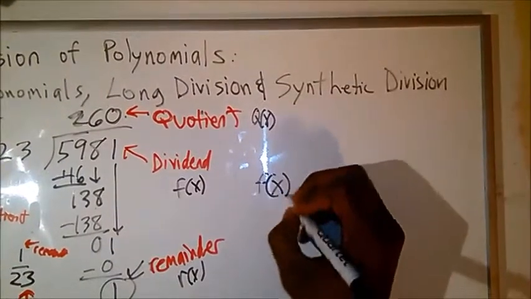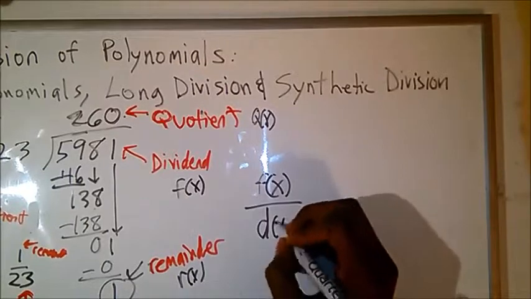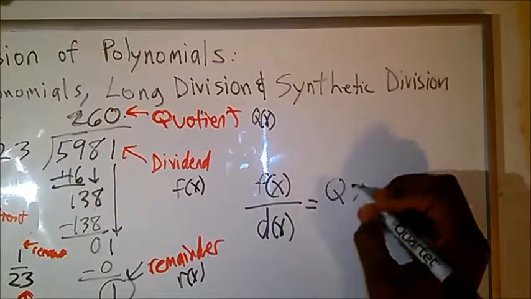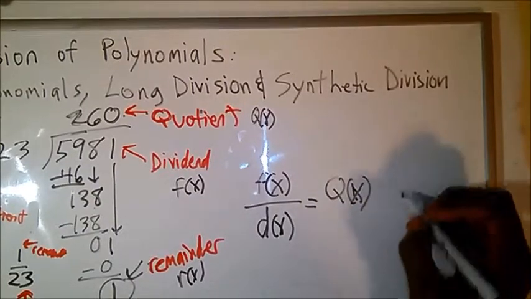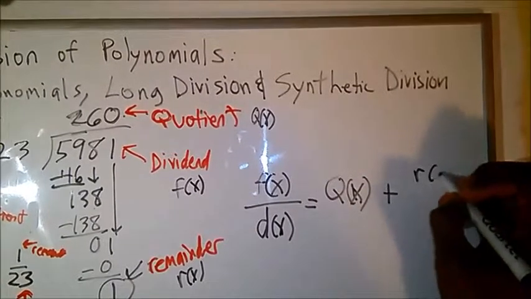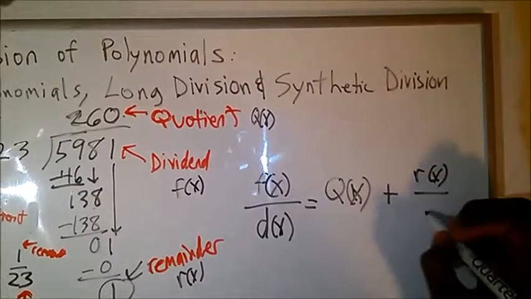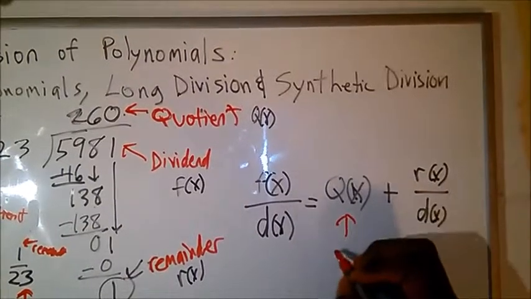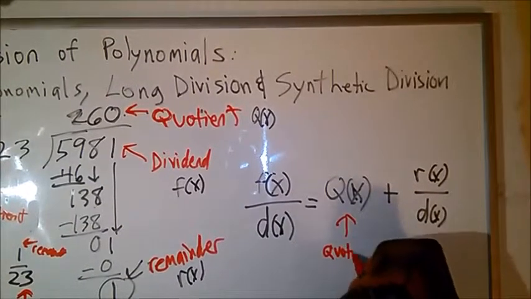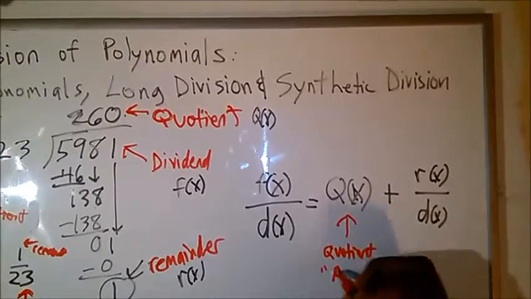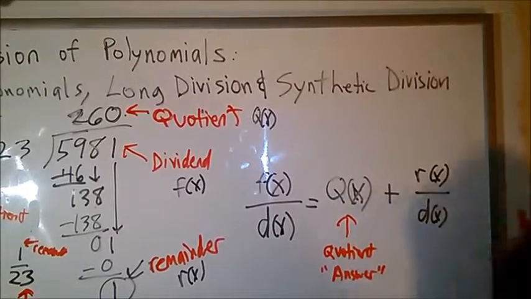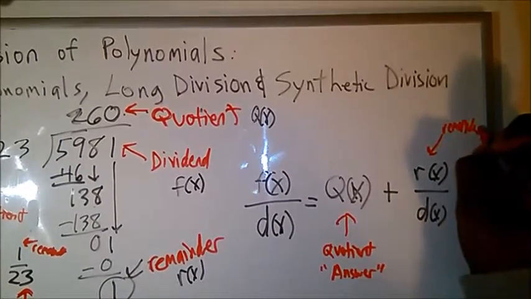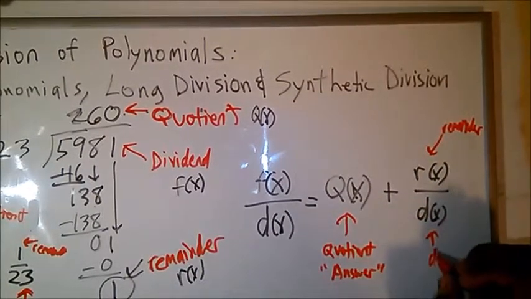It should always be expressed this way: f of x, when divided by divisor d of x, will be q of x plus remainder, which is r of x, over your divisor. This is your quotient, your answer, remainder, divisor.